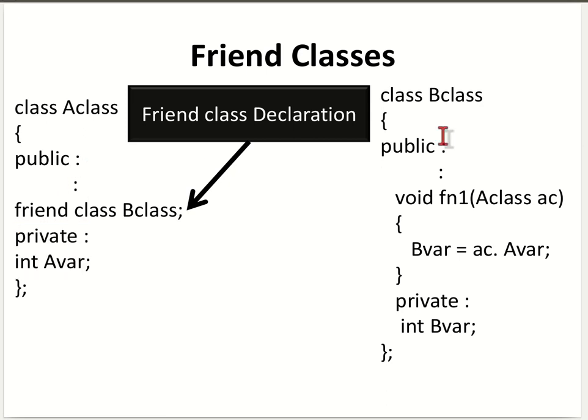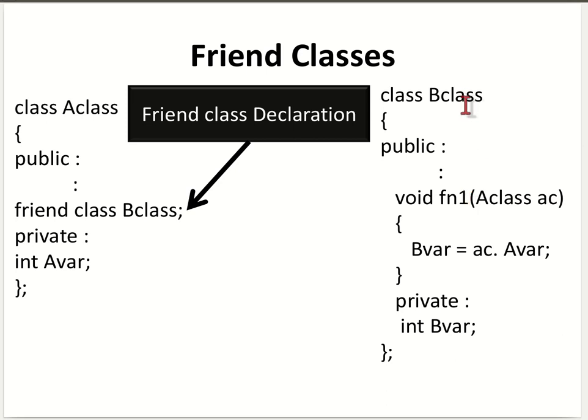So all the private, protected, and public members of this A class are accessible. Let's say in this B class we have a public function fn1, which accepts the object of this A class, AC.